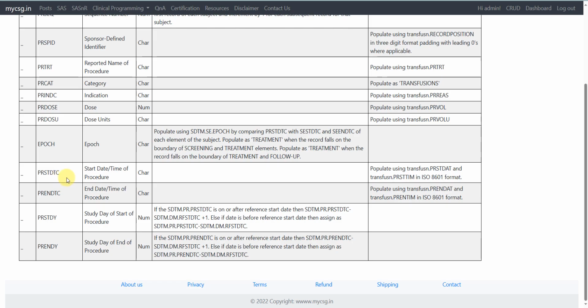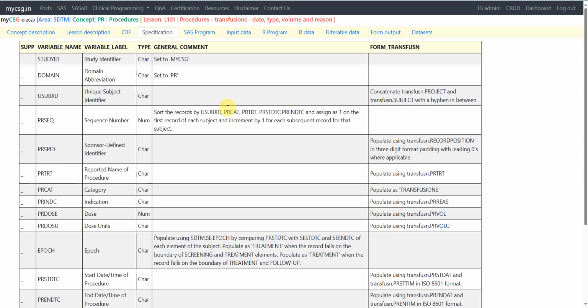And then we have PRSTDTC. So we are being asked to populate using transfusion PRSTDAT and transfusion PRSTTIM. I'm not sure if time was collected in the CRF, but we'll be using PRSTDAT to report our start date.